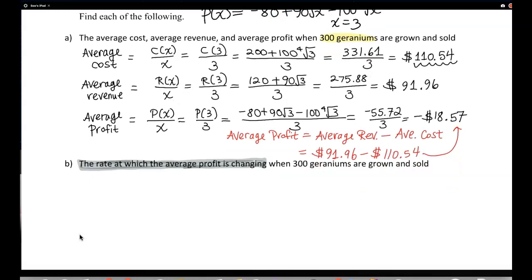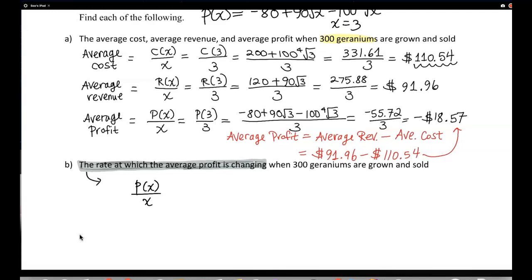Let me go ahead and write down this gray highlighted part in function notation, what we are trying to find. So write down average profit first. Average profit is P of x divided by x. That's the average profit. But we want to find out how fast this is changing.